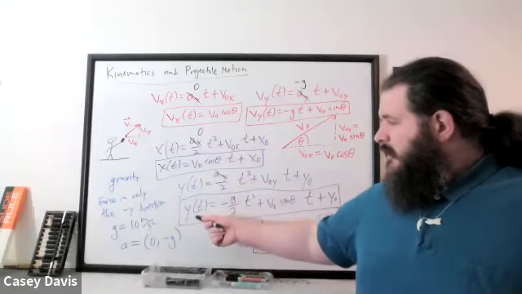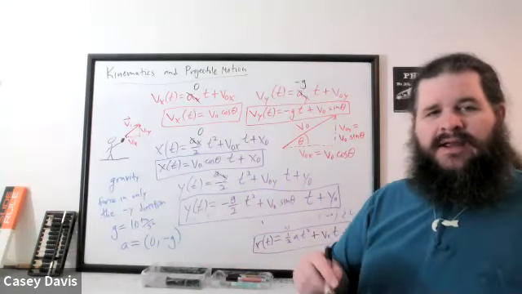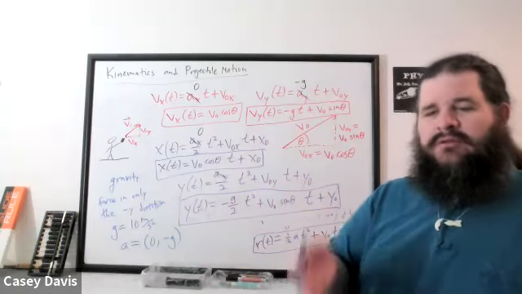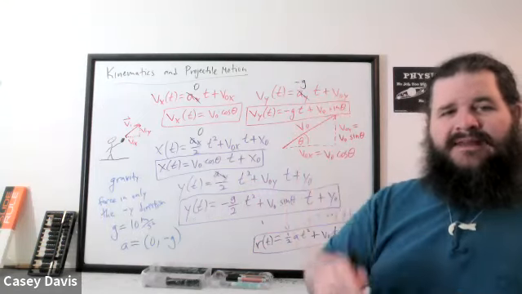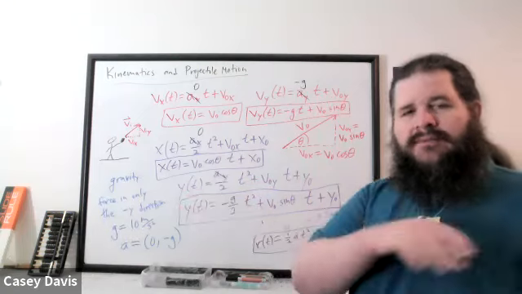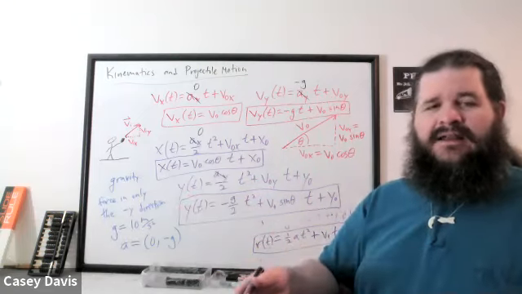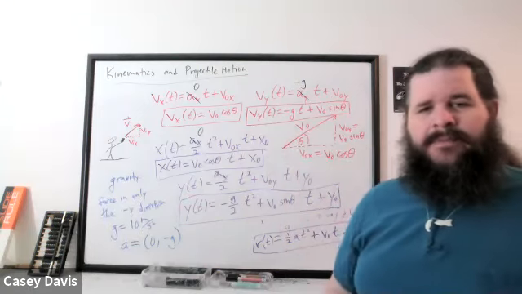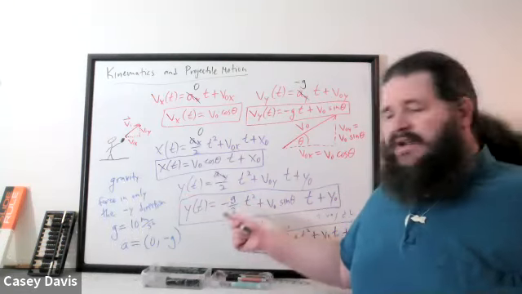If you graph vertical position versus time, you get a parabola because if you throw it upwards, it goes up, gets slower and slower, comes to a stop, and falls back down. So the height versus time is going to be a parabola, specifically a concave down parabola because the acceleration is negative.